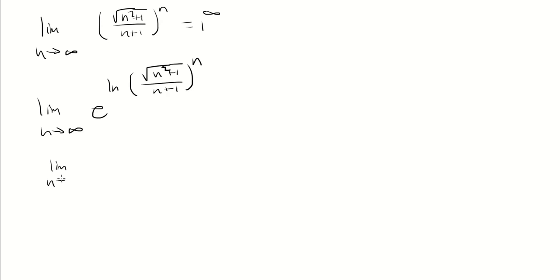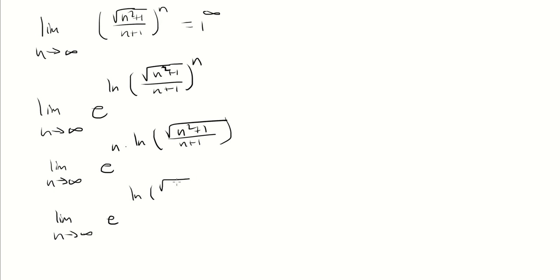And when I bring the exponent out in front, I'm going to say that n is the same thing as 1 over n. So we're going to take the reciprocal of the reciprocal, like this.